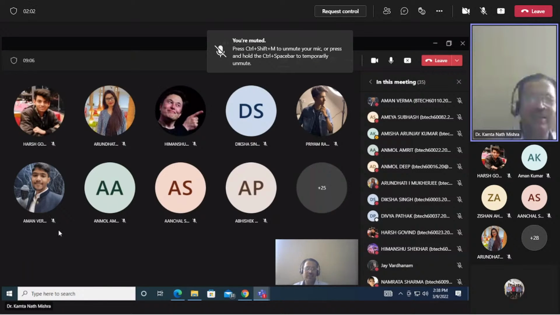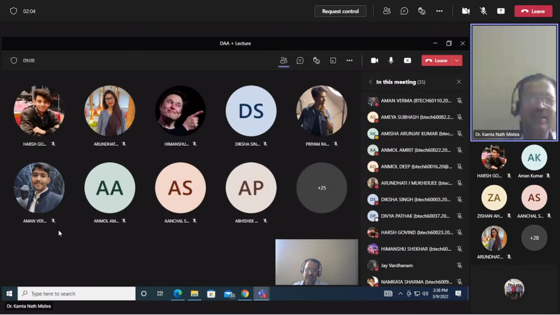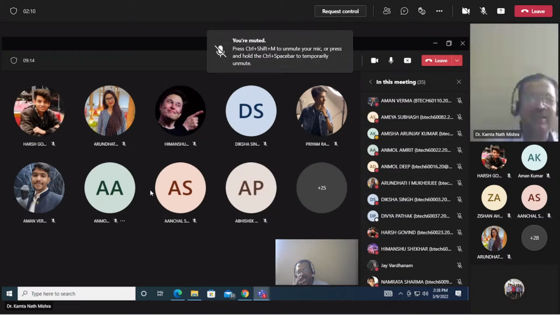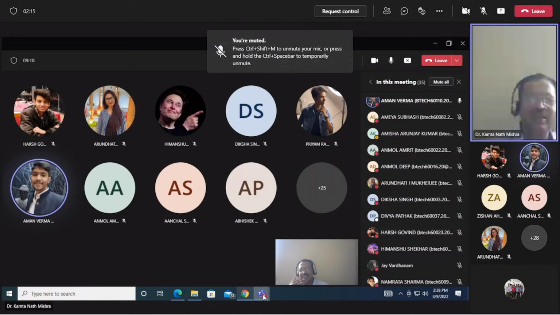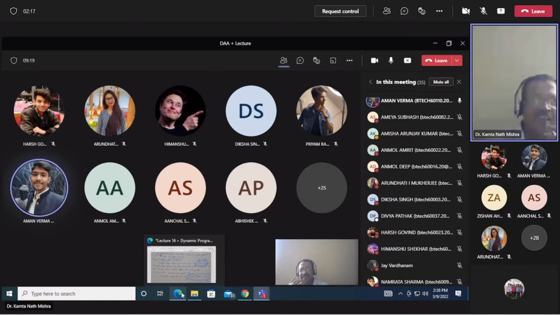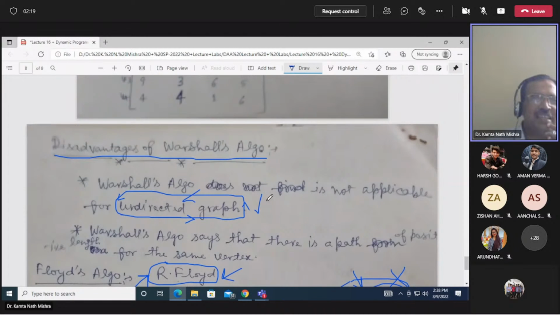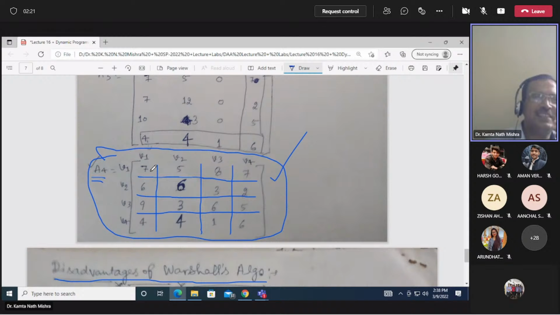So Aman Verma ji, in adjacency matrix, does the left diagonal remain zero or may it not be zero? Sir, it may not be zero. Like you see in the previous case, look at this one. This is the final adjacency matrix. A4 is the final adjacency matrix.